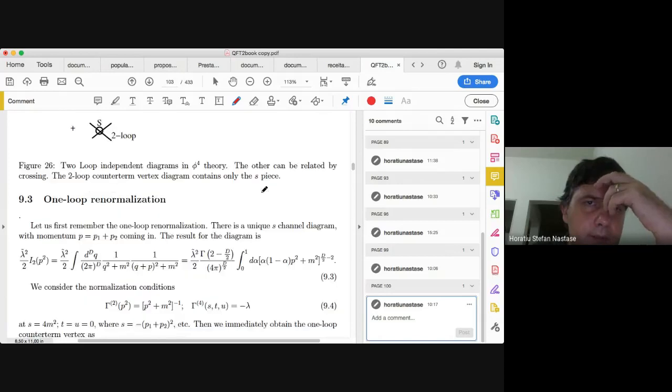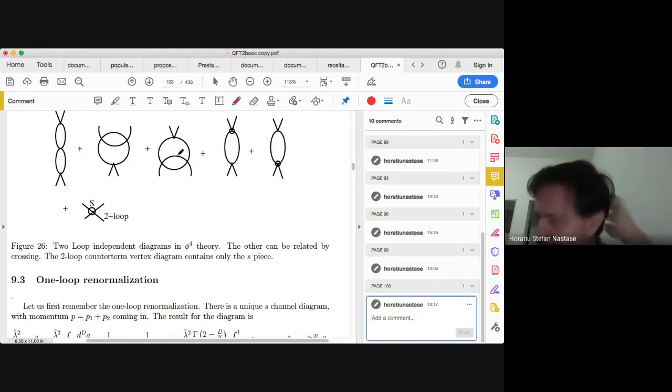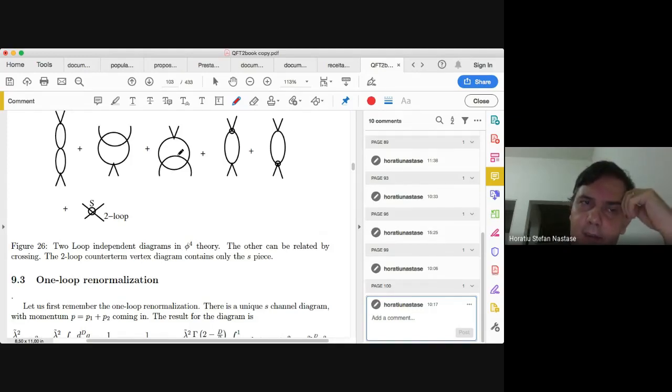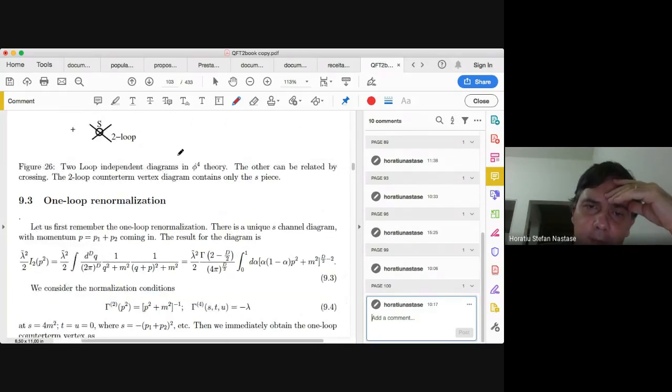Since, as we said, we have to also consider the one-loop insertion of the one-loop vertex correction, let's remember how that was.